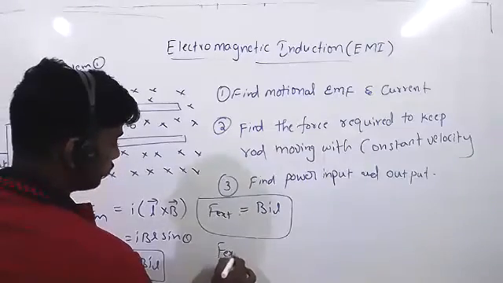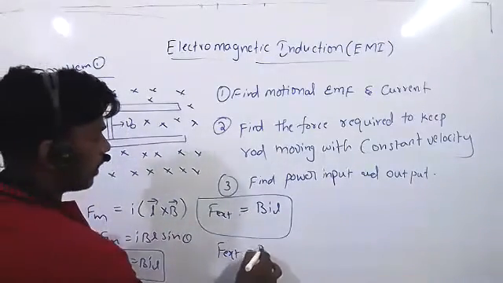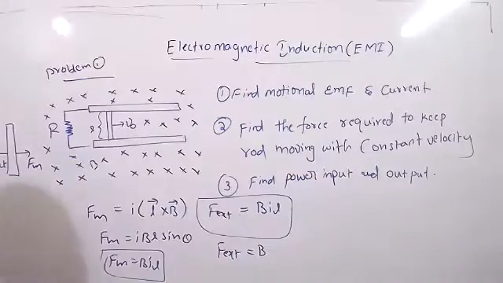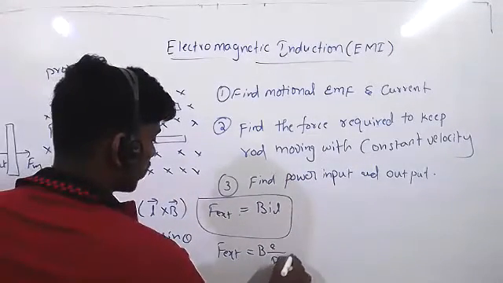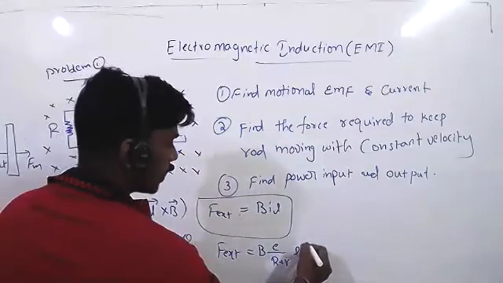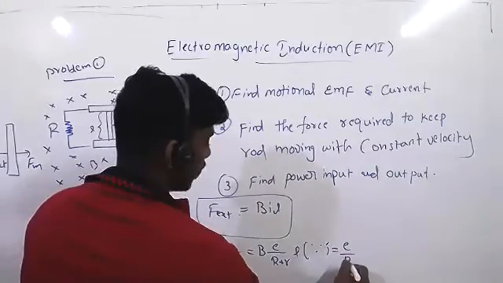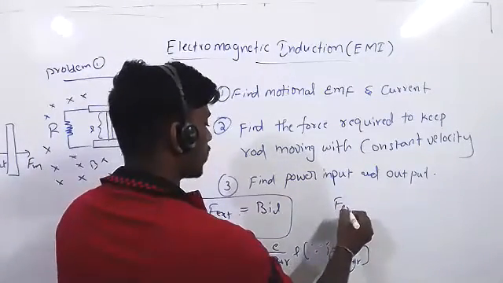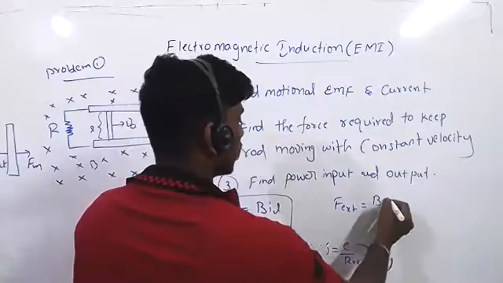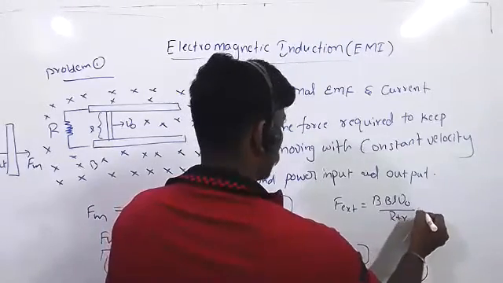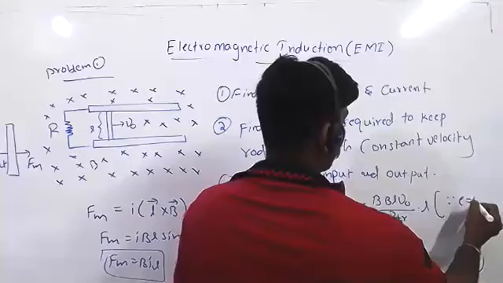Now F external equals B times I times L. We have calculated the current: I equals E by R plus r into L. And the EMF we know: E is nothing but BLV naught, since E equals BLV.